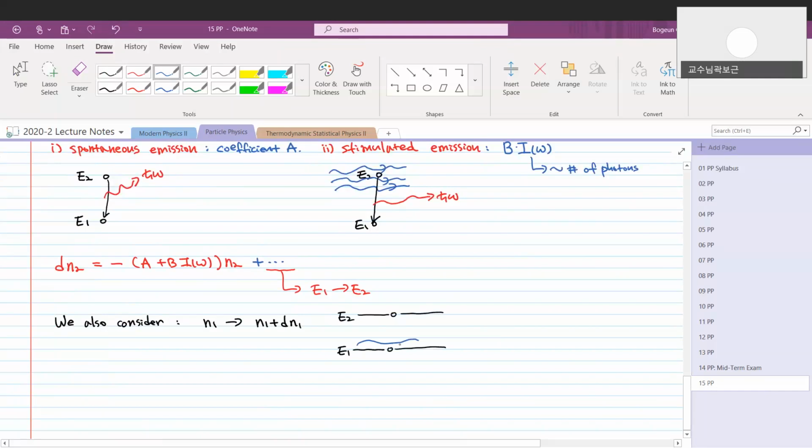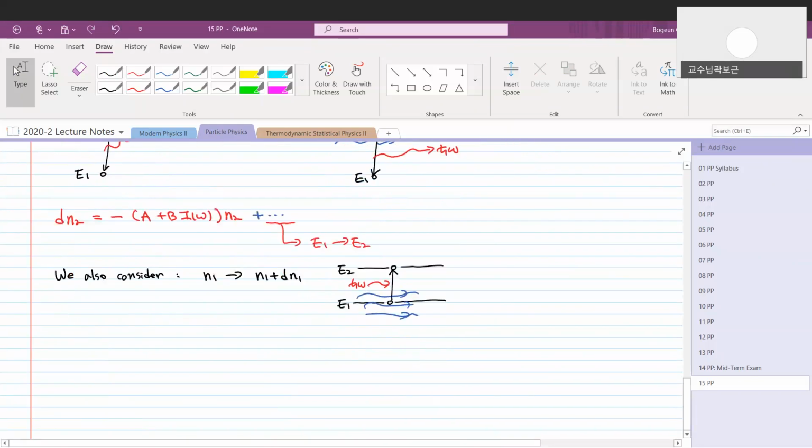So there are many photons around E1, it absorbs some photons, then goes to a higher state. Such a probability is for atoms to move from E1 to E2.